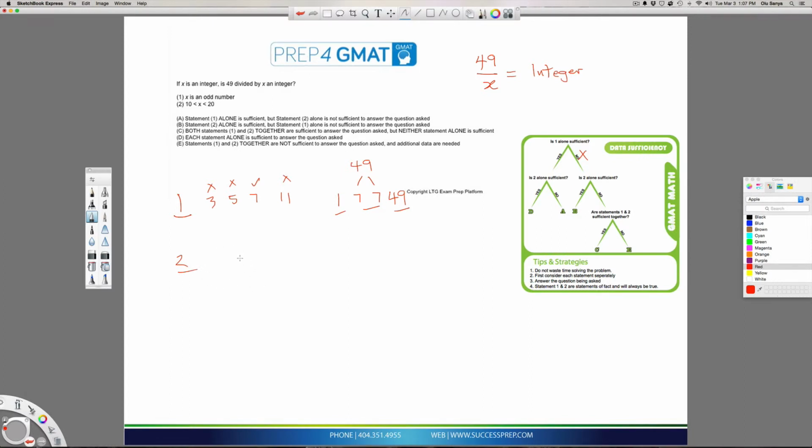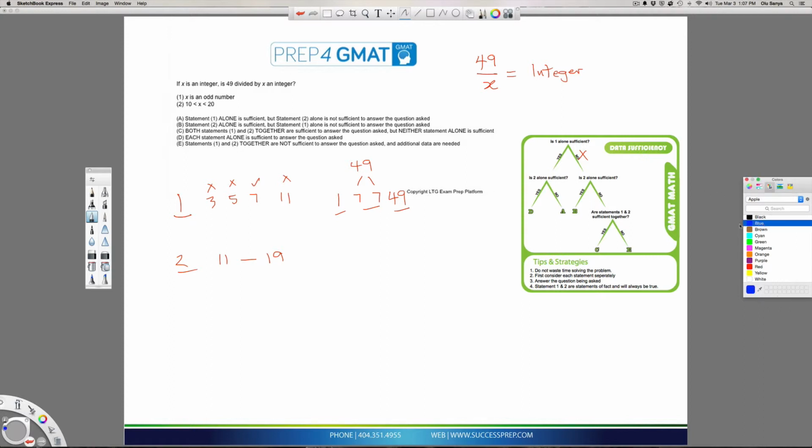In statement 2, it says that x is between 10 and 20. That's how I like to read this because it's right in the center of 10 and 20, in between 10 and 20. So what are the values that could potentially work for that? Well, we're looking at 11 through 19. In the beginning, we determined that only 1, 7, and 49 would actually give me integers.